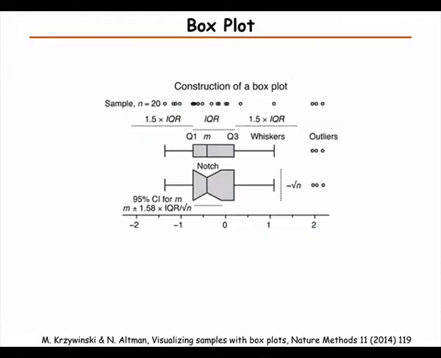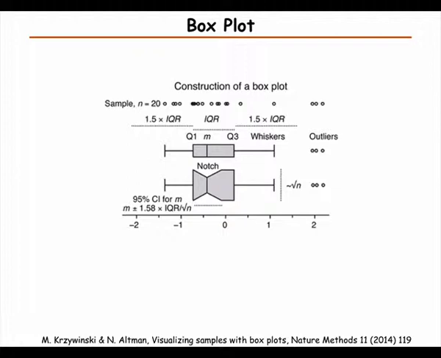So there is one way to plot things that you probably have come across, which is the box plot. It uses a lot of these different statistics that we've calculated.